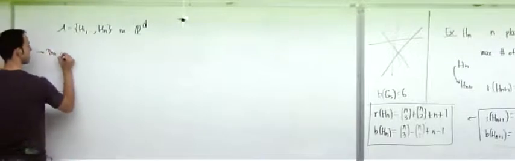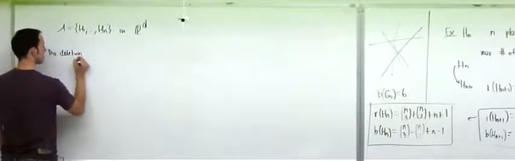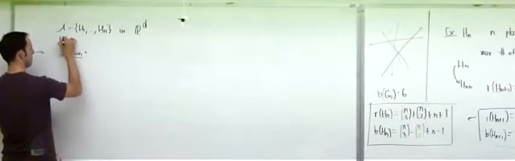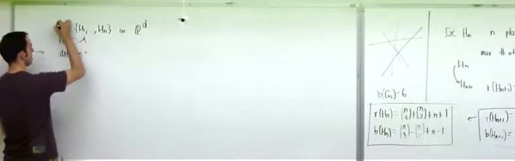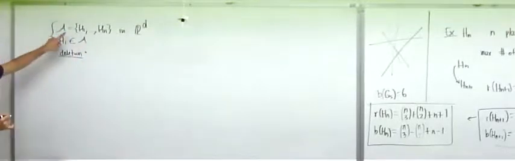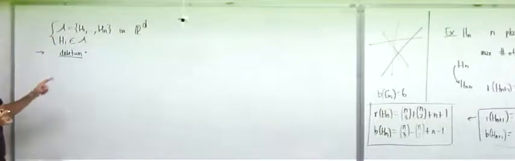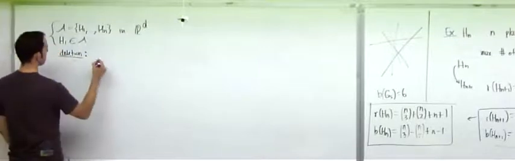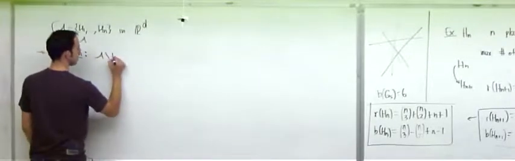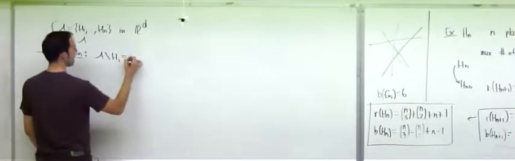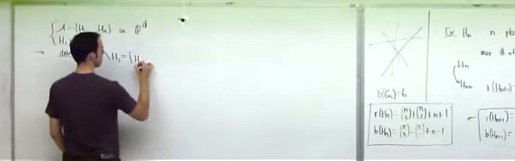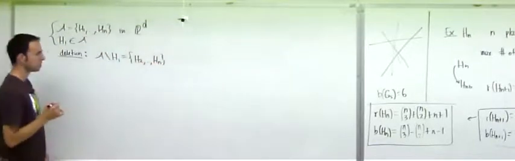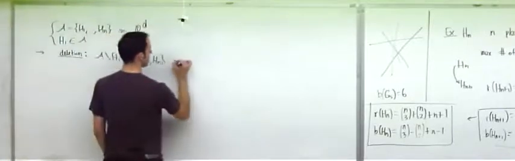So I should say let's consider a hyperplane arrangement, and let's consider one of the hyperplanes. Okay. So the deletion is just going to be, we denote A minus H1, and it's just basically all the other hyperplanes in R^d.